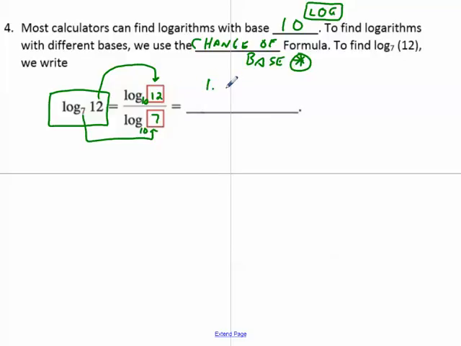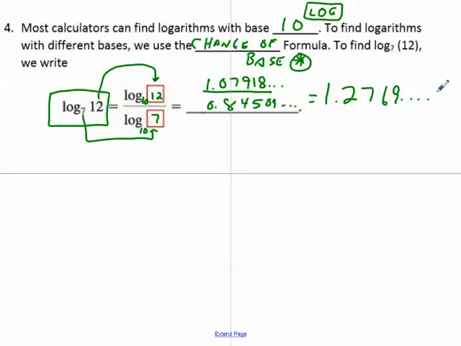1.07918. Log base 10 of 7 is 0.84509, and if we evaluate that, it equals 1.2769, and that would be our change of base.